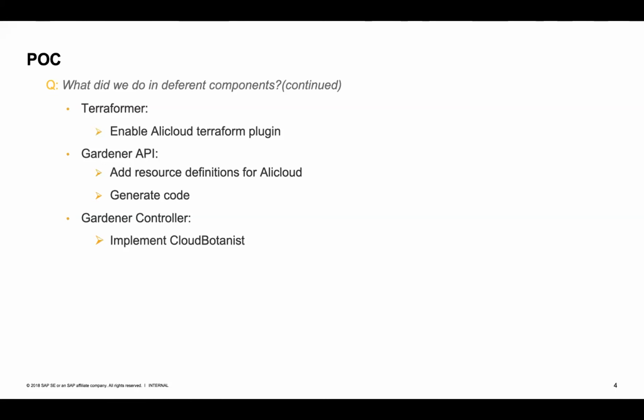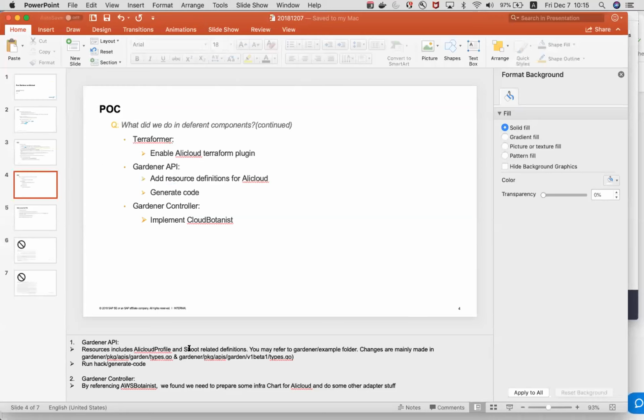After that, Gardener API. The architecture of Gardener API is a Kubernetes Server API extension. So we also need to add some resource definitions for Alibaba Cloud. There are some detailed descriptions for the resources. It includes Alicloud profile and shoot related definitions.